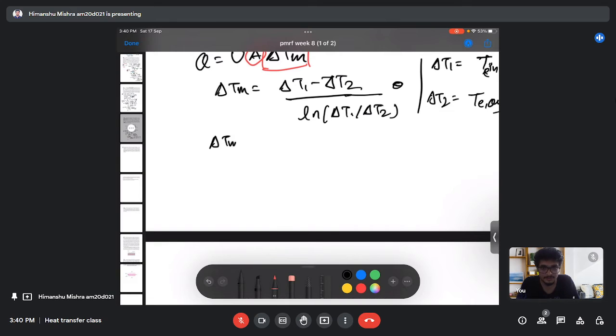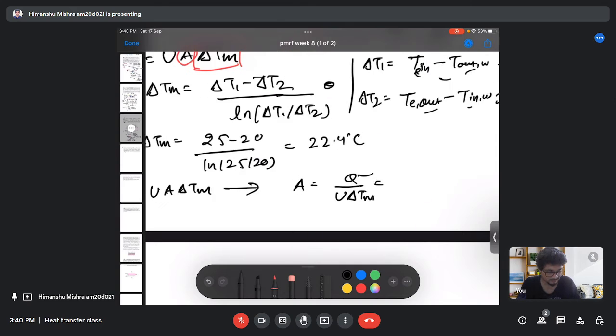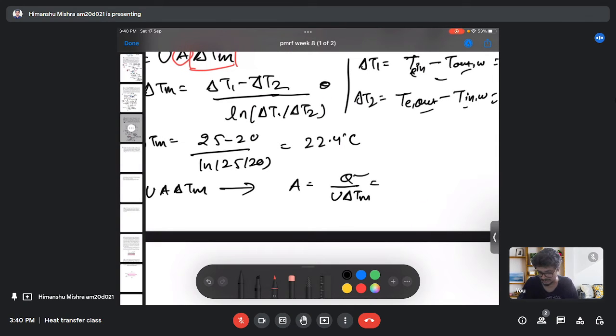So my log mean temperature difference is, which will be around 22.4 degrees Celsius. Now I can directly find the area of the heat exchanger. So this will be, we already found the heat transfer in the first part of the question, 358.4.